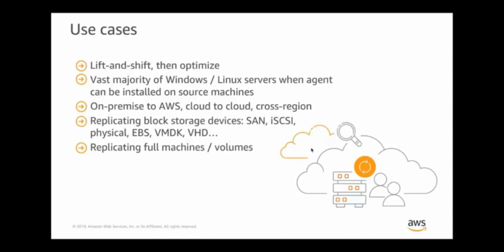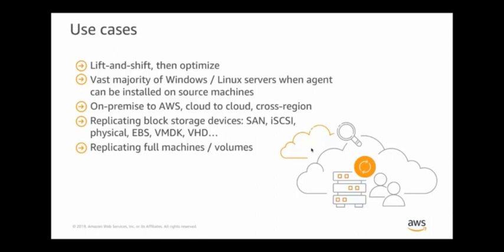The second use case is the vast majority of Windows and Linux servers. As Alex showed you, we have a wide variety of operating systems that we support. Anywhere that an agent can be installed can be a source for migration to the AWS cloud.